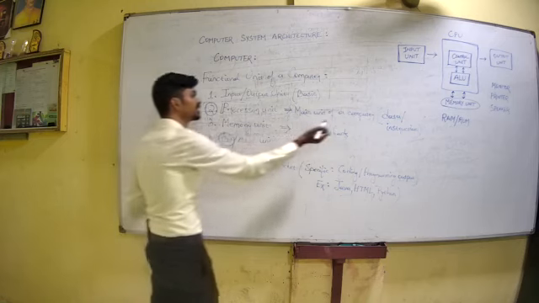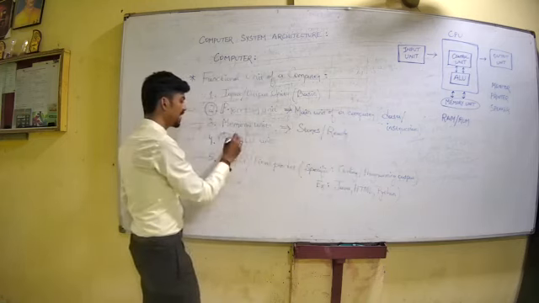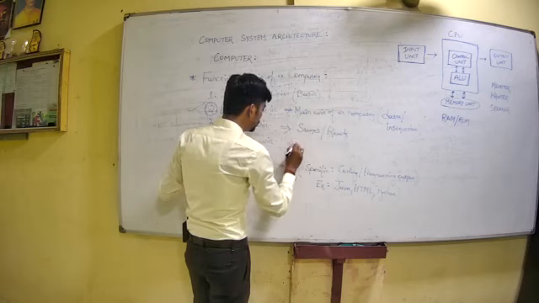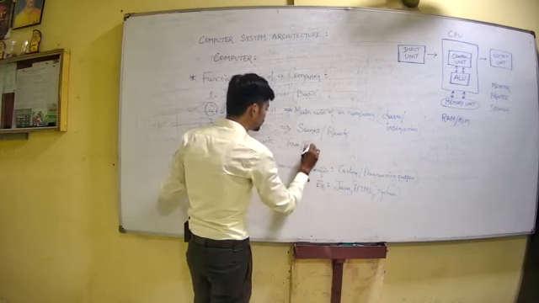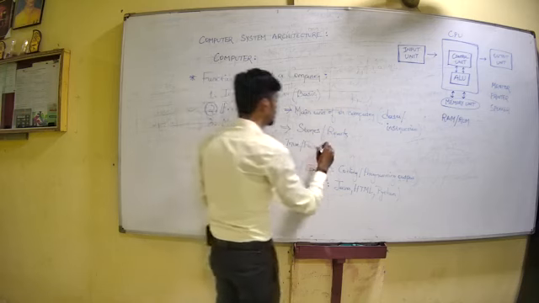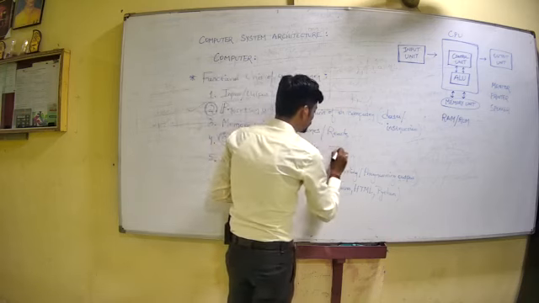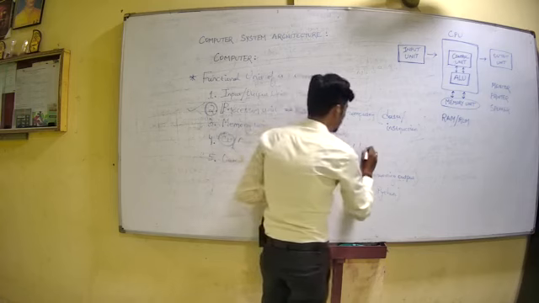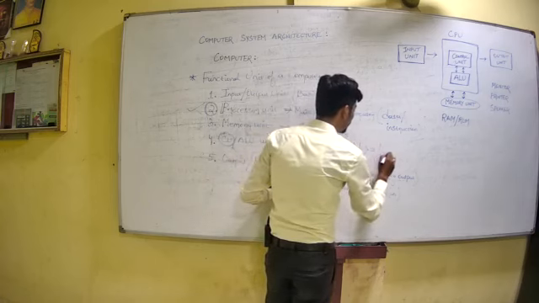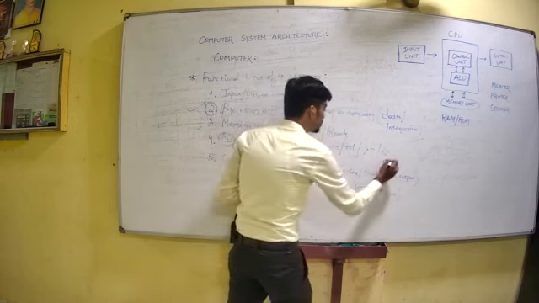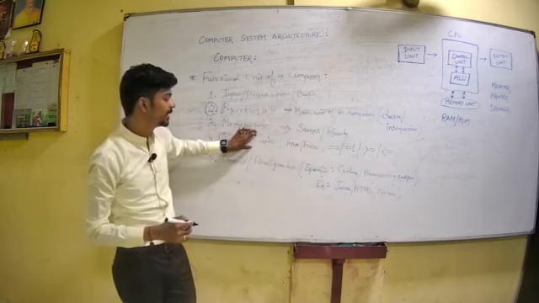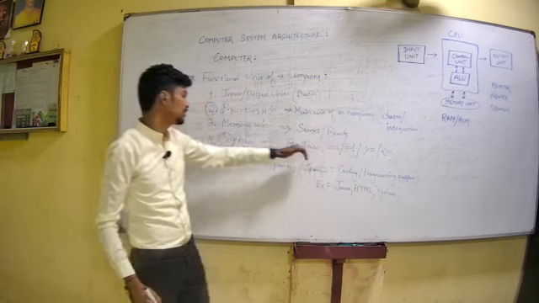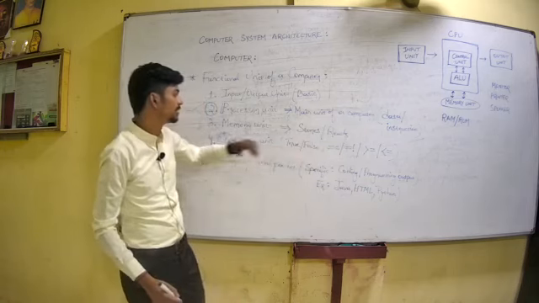But if the data or instruction has any mathematical function, that means true or false, or logical thinking, equal to or not equal to, or greater than or equal to, or less than or equal to, then the arithmetic logic unit makes the decision on that data or instruction in that particular case.